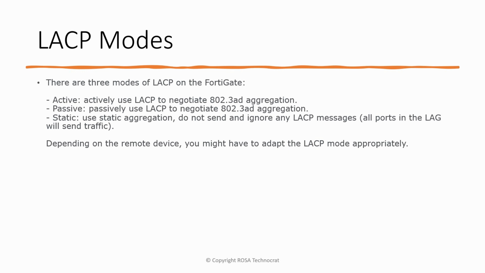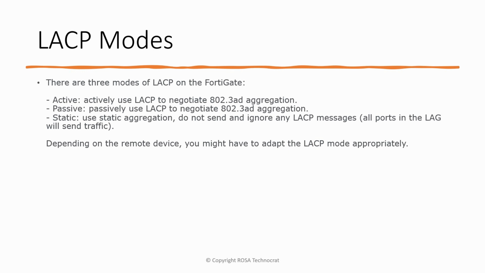Then we have passive, where one of the partners says, okay, I want to form a LACP, and you simply accept it. You are ready to participate, but you are not sending LACP. That is called passive mode. In active, you are proactively and continuously sending the LACP packets. In passive, we are not sending it.